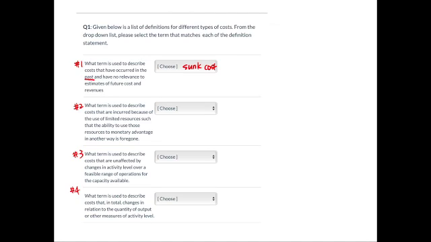So the other project is foregone. So what type of cost is it? Think about that for maybe 5 seconds. 1, 2, 3, 4, 5. Okay, so my answer will be opportunity cost.